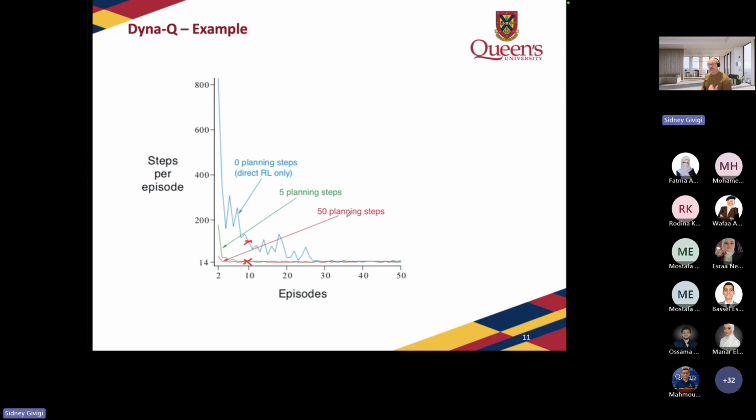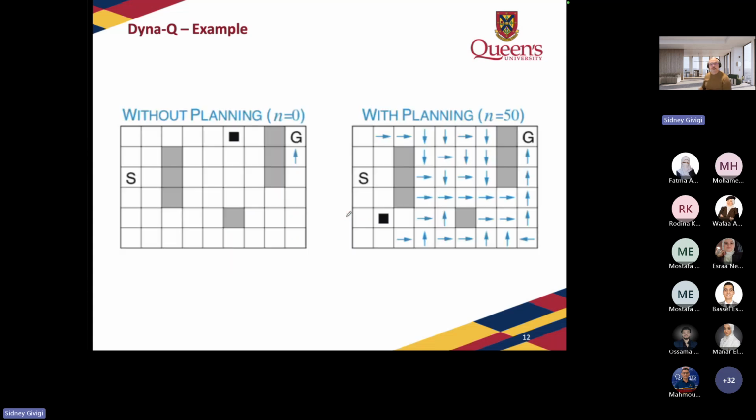If I show you that same problem again on a table, you're going to see what I'm talking about. In this case, if you have no planning, only the last update is actually going to be meaningful to you, because it's the one that generated a reward that was different from whatever you had before.